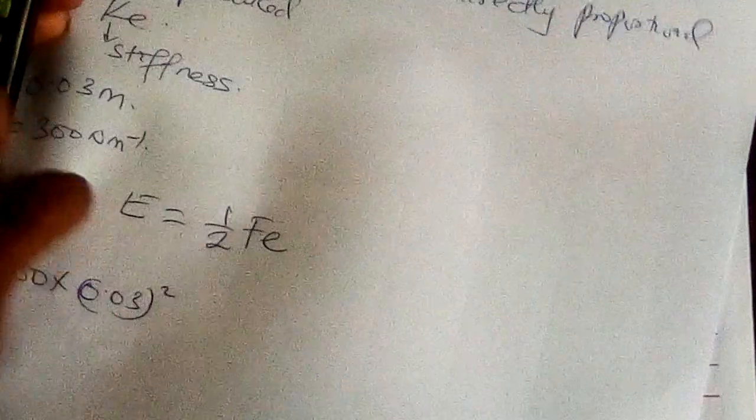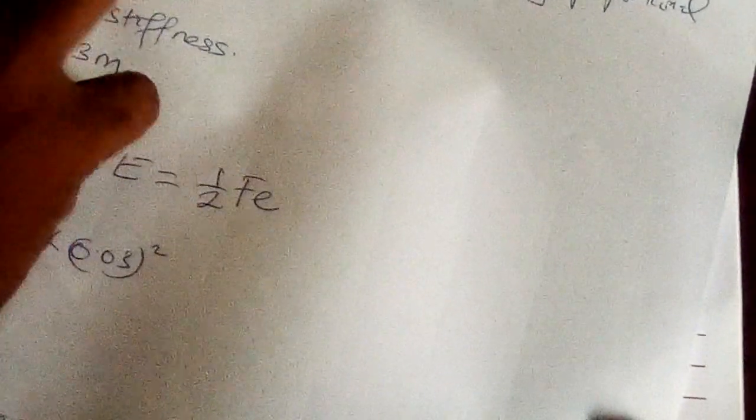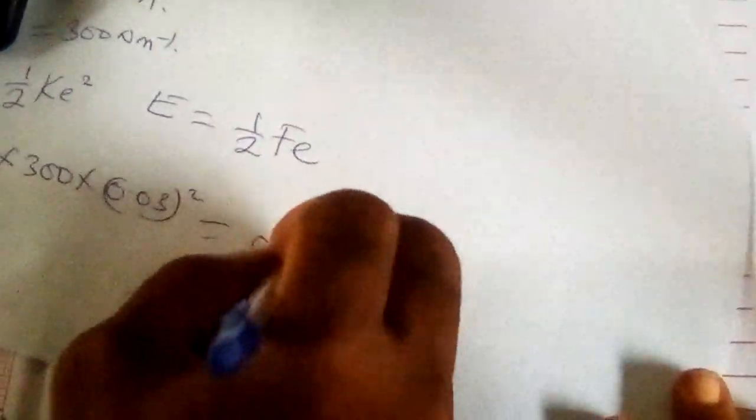So 150 times 0.03 all squared, we have this as our answer. We have 0.135 joules, or in standard form 1.35 times 10 to the power minus 1 joules, as the energy stored in this spring based on the equation given to us.